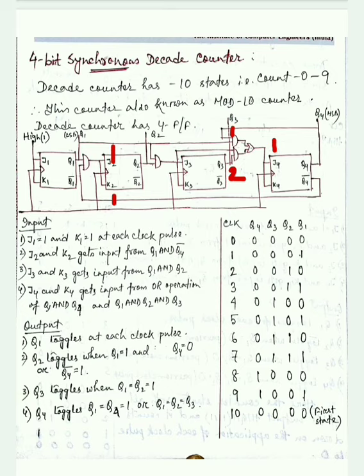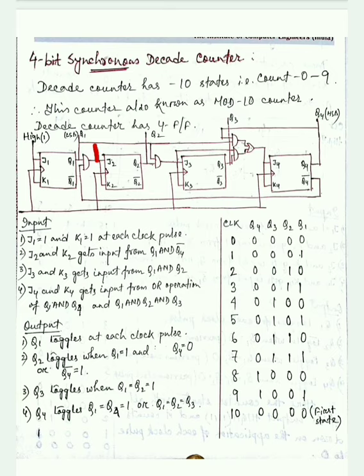So when Q1 is 1 and Q4 bar is 1, then the AND operation is 1. Again, I am explaining: we need the J2 and K2 value to be 1 in order to toggle Q2. So how do we get J2 K2 as 1?